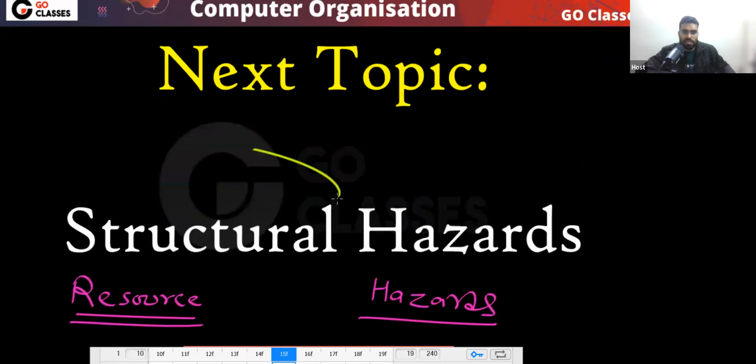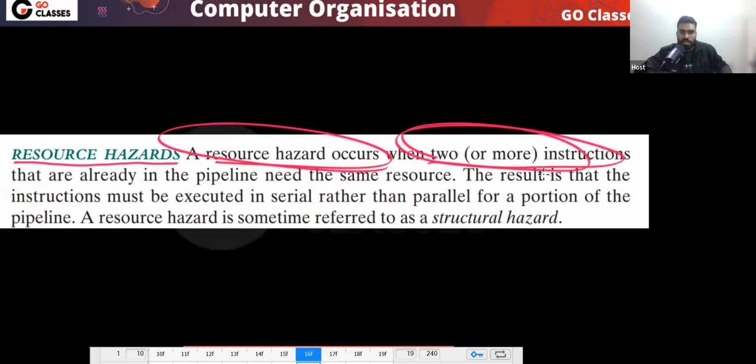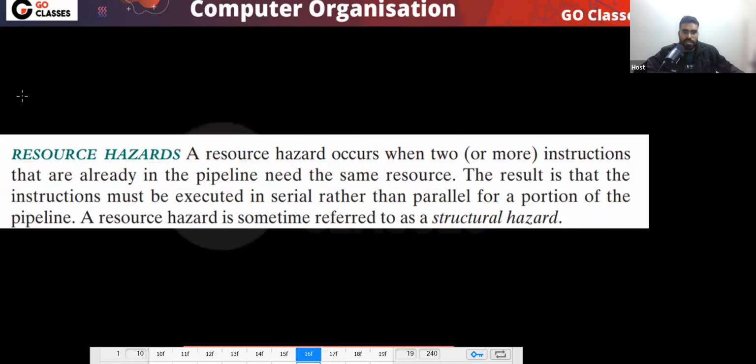This is called structural hazard, or you can say resource hazard. You can read the definition: a resource hazard occurs when two or more instructions which are already in the pipeline are accessing the same resource. Is this clear? Read the definition and tell me.